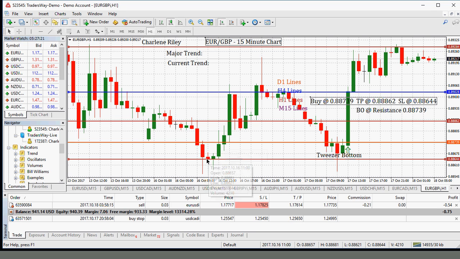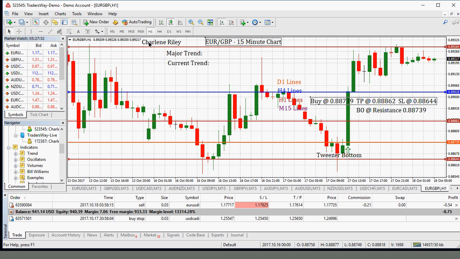Yeah, you could have this tweezer bottom, and then you would have to wait for a break above this line again, and that's how that would get you to enter into a trade. You have this tweezer bottom, then breakthrough of resistance, and so you'd be entering your trade most likely on this candlestick.